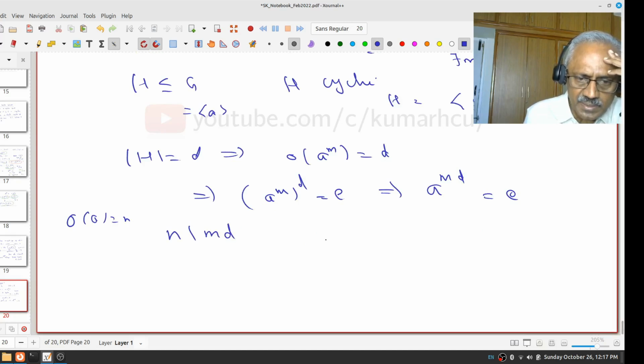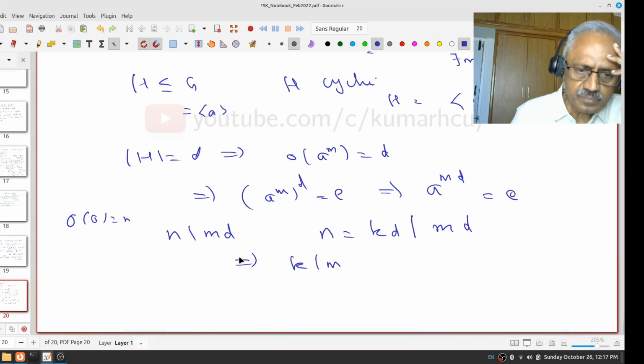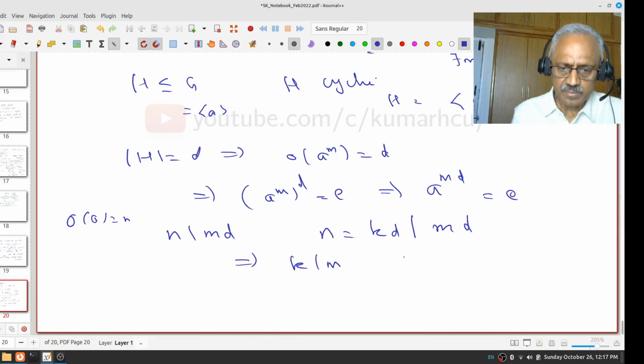But what is n? n is kd. Therefore, kd divides md. Since d is non-zero, that means k divides m. Since k divides m, a to the power m is a power of a to the power k. This belongs to the subgroup generated by a to the power k.